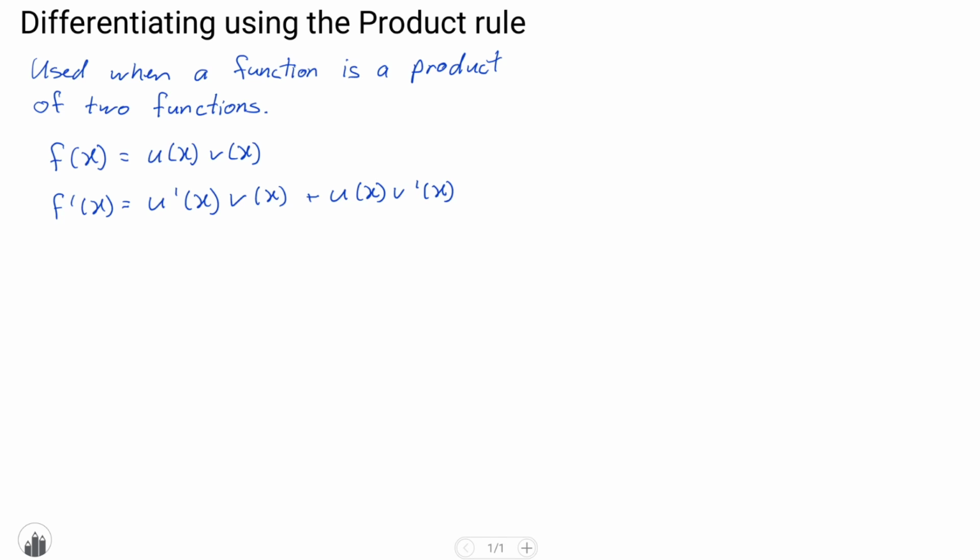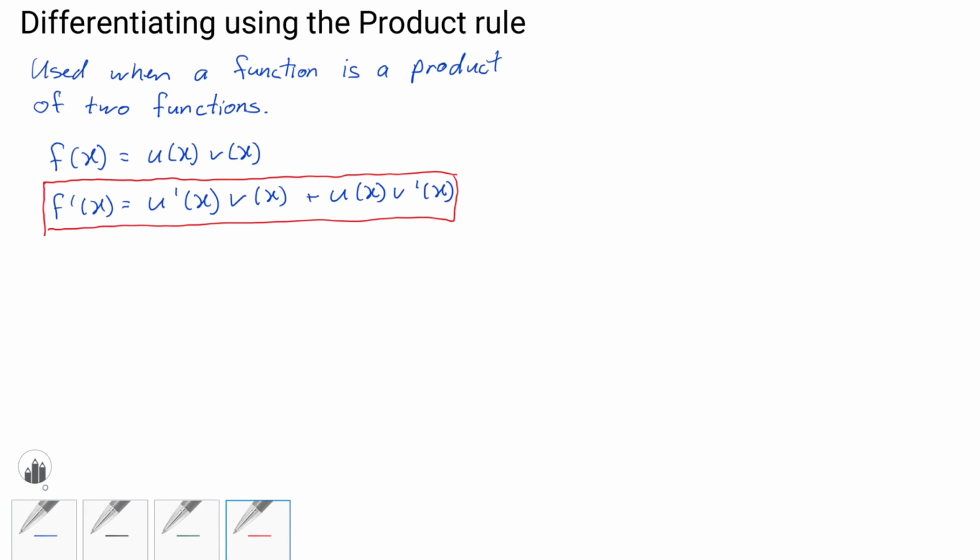And we're going to do an example of how this works in a minute. But for now, what I want you to accept is that this thing over here in this red box is going to be the differentiation formula that we're going to be using.